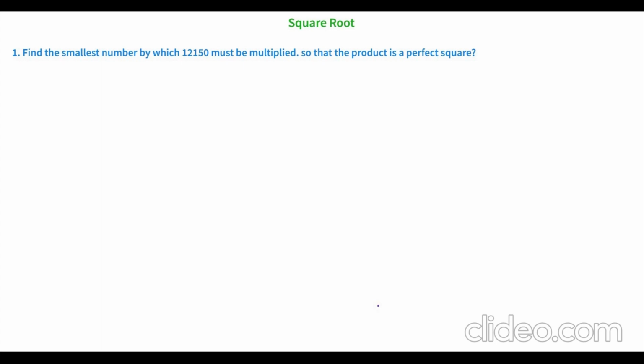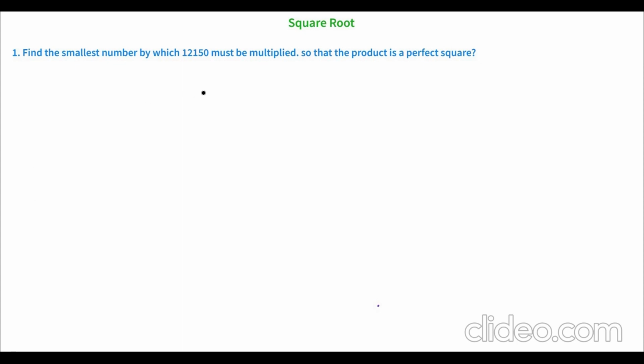So the first example for today is, find the smallest number by which 12,150 must be multiplied so that the product is a perfect square. So we have to see with which number 12,150 should be multiplied so that it is a perfect square.